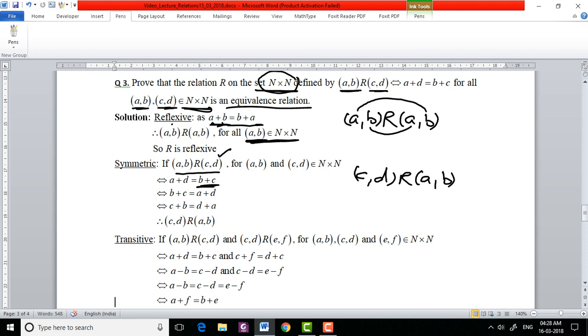Now b plus c can also be written as c plus b, as addition is commutative in nature, and this is equal to d plus a. Now this shows that c comma d is related to a comma b, and so R is symmetric in nature.